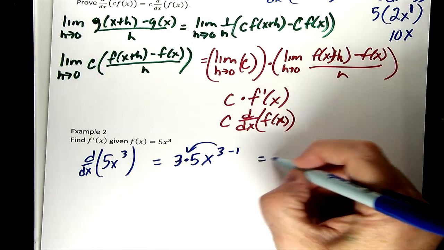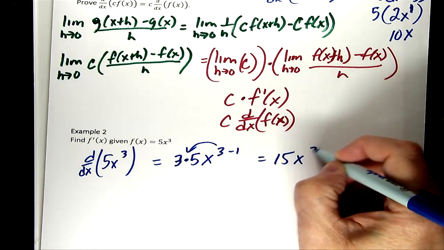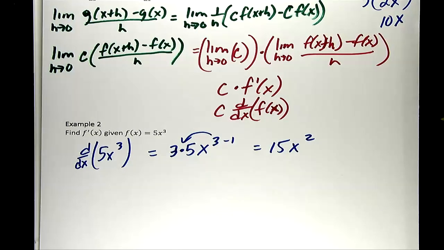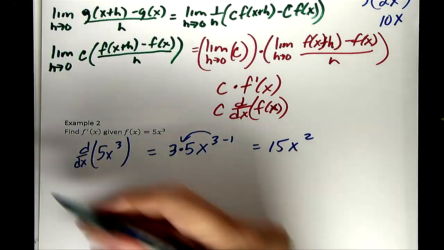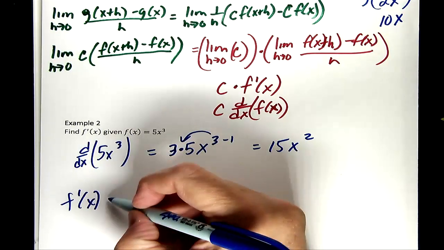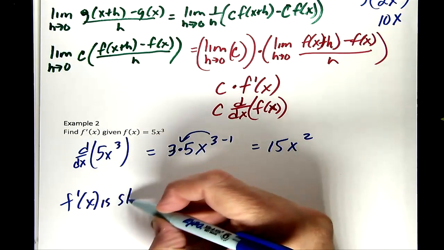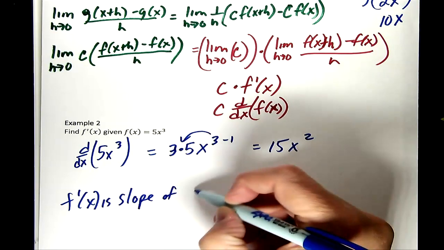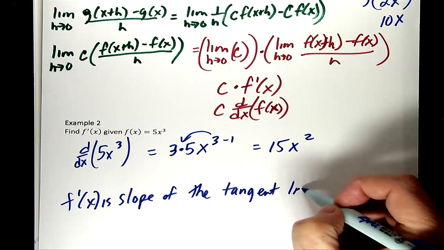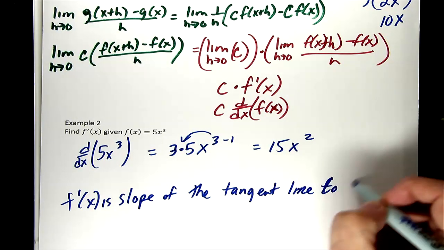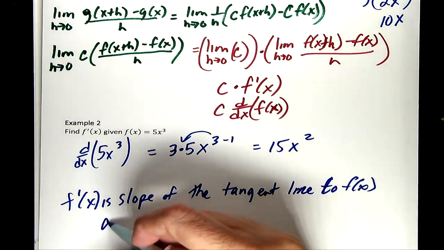So this would be 15x squared. Yeah. So would f prime also be the tangent line to x? f prime of x is the slope of the tangent line to f of x at x.